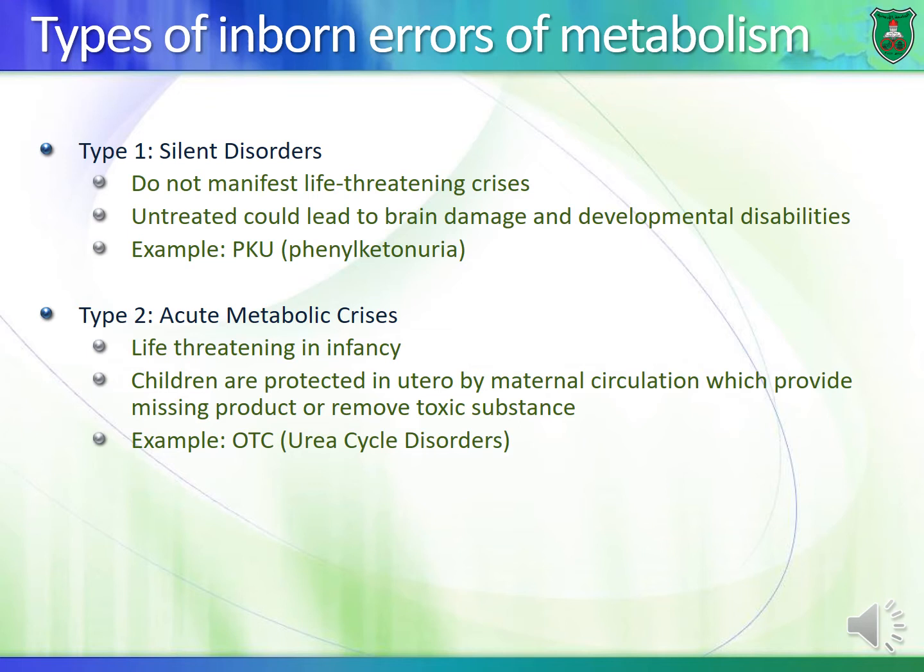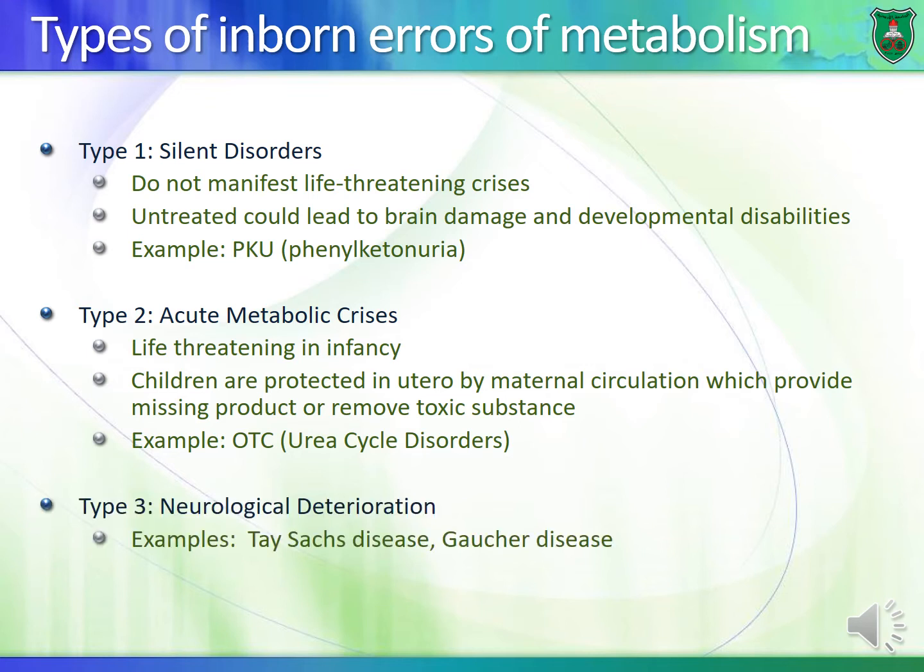But as soon as they're born, within a few days or months, they would be affected by the absence of the important product as well as accumulation of the substrate or production of the toxic metabolite.